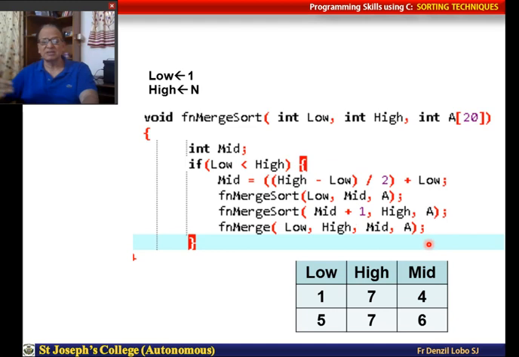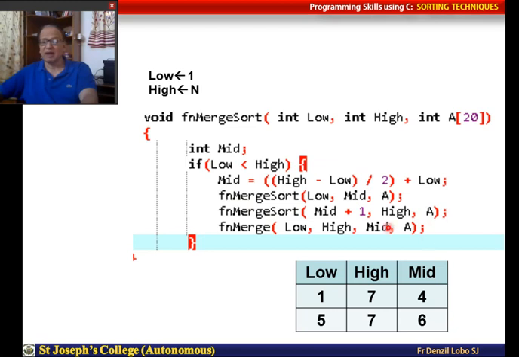This is how we are going to divide using this recursive function again and again till we come to individual numbers. And we go on merging these individual numbers to get the ultimate list which is in the ascending order. Now this is a recursive algorithm.